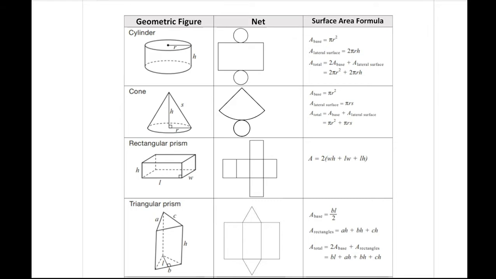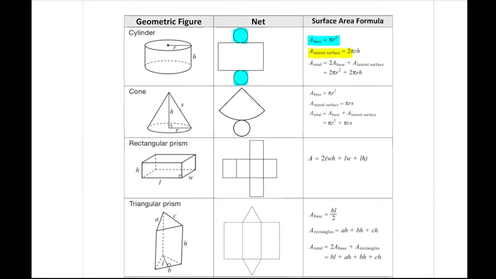So we do have our surface area formulas over here on the right, and it's broken up to describe what areas we're finding for the different shapes. For example, the area of the base for our cylinder, pi r squared, we should recognize as the area of a circle, which would be our base and our top.